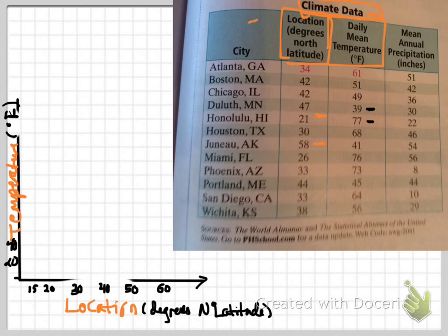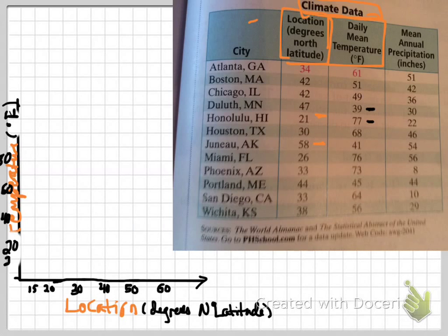Maybe I'll go up by 10s. Maybe that'll be better. Okay. 20, 40, here's 60, here's 80. Alright, so now I'm going to graph these different sets of data points.